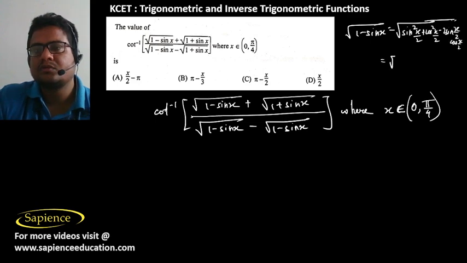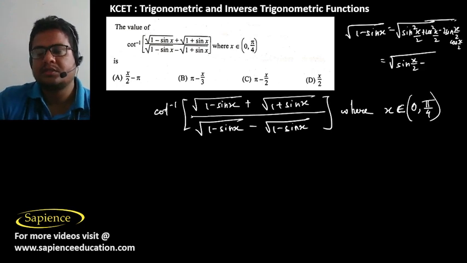So this is equal to square root of (sin x by 2 minus cos x by 2) whole square.